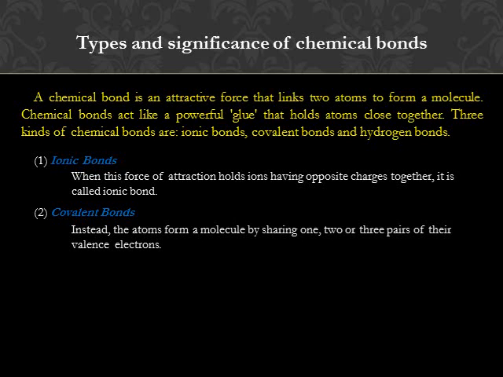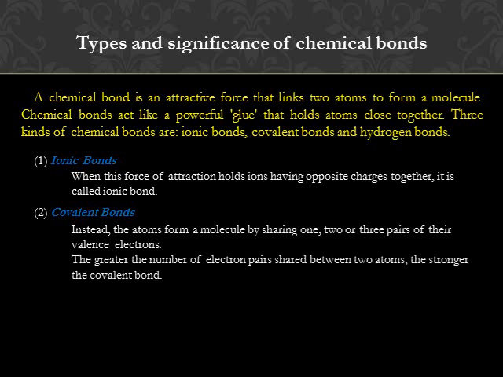Here the atom forms a molecule by sharing one, two, or three pairs of valence electrons, the electrons that are free in the outer radius. So if valence electrons are shared between two different atoms, then it is called a covalent bond.